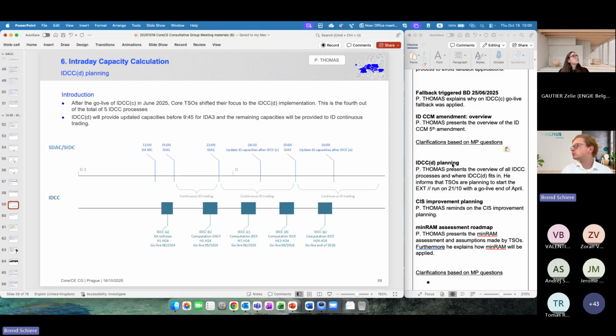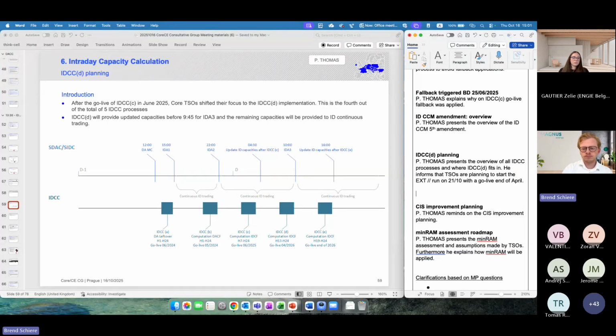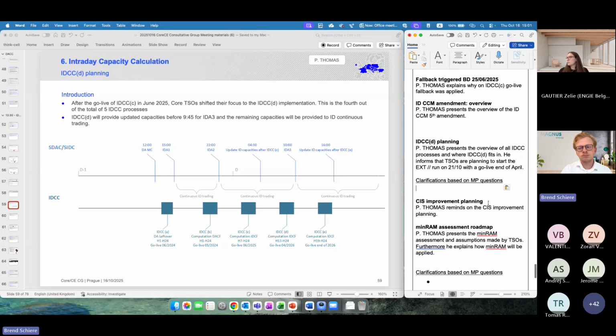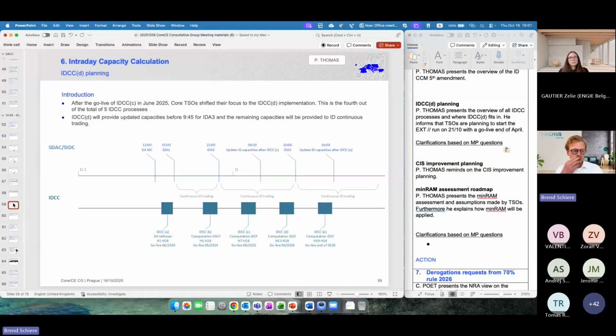Okay, then we come to the next IDCC computation, which is IDCC-D. So after the development of IDCC-D, we are preparing the implementation of IDCC-D. With IDCC-D, we will update the capacities again before the IDA3 at 10 o'clock.